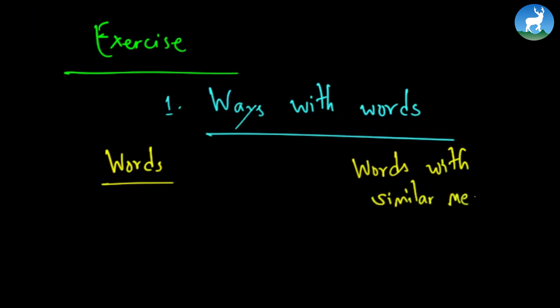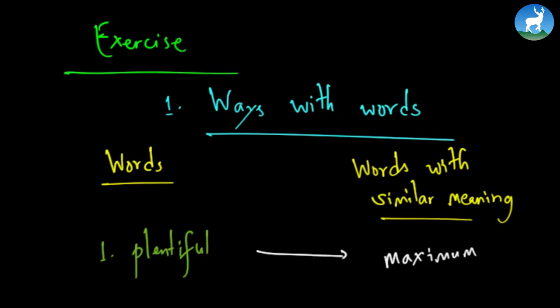Okay, so the first word that we have is plentiful. Okay, and the synonym, or let's say the word with similar meaning, so we've got to find out. The similar word is in fact maximum, which also means more or less the same thing.